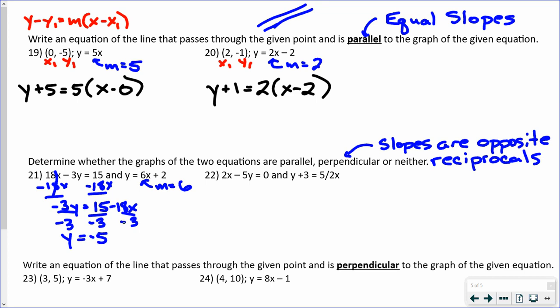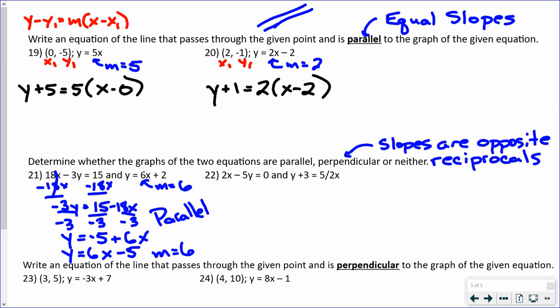This is a minus and a negative, that makes a plus 6x. And then to make this in true slope-intercept form, I'm going to flip these two around. So 6x minus 5. And so you can see the slope of this line is 6. So since they have equal slopes, that means they're parallel. Equal slopes are parallel.